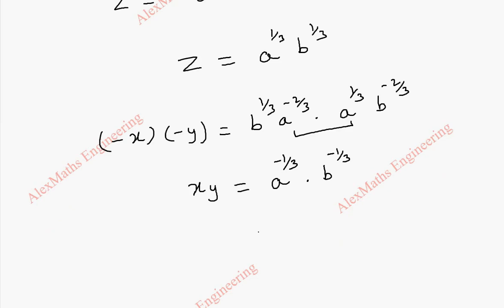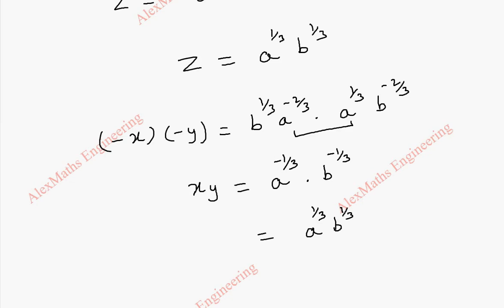Now combining this, 1 by 3 minus 2 by 3 will be minus 1 by 3 and b power 1 by 3 minus 2 by 3 is minus 1 by 3. This is xy.